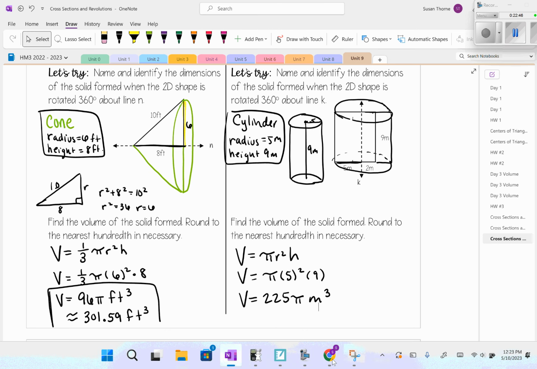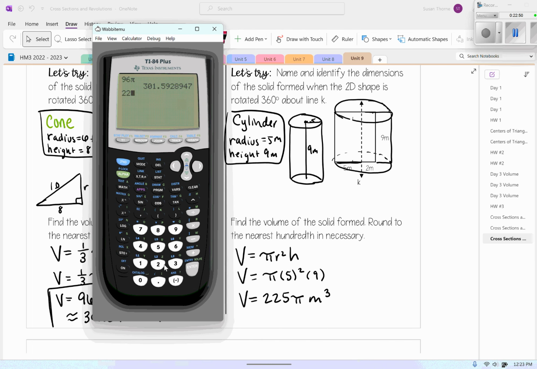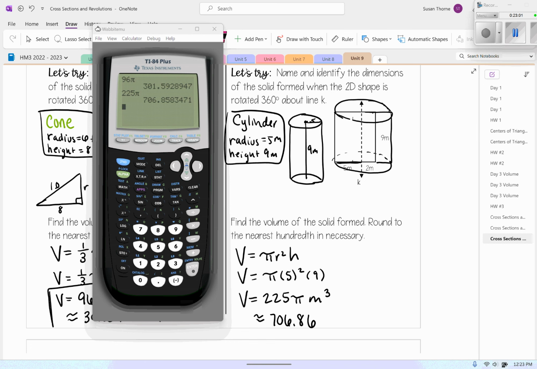And if we want the decimal approximation, 225 pi is about 706.86 cubic meters. Oops, I guess we don't need all of that.